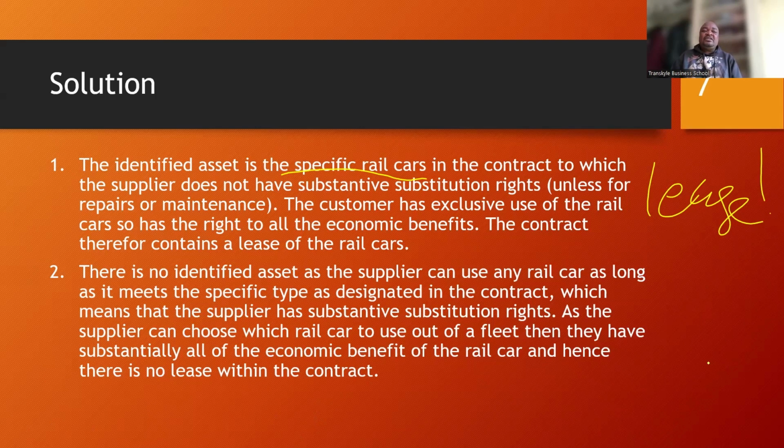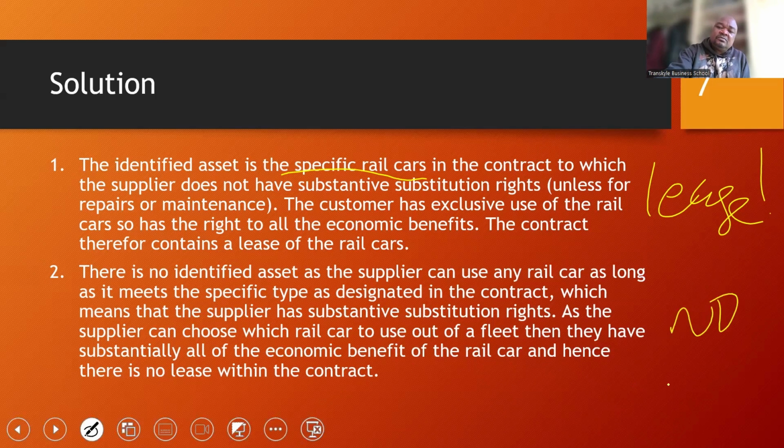They may use bullet train A today, and next year, they may use another bullet train, whichever they want. They've got the right to pick and choose which asset to be used. As the supplier can choose which rail car to use out of the fleet, they have substantially all the economic benefit of the rail car, and hence there's no lease within the contract. No lease. Is that clear? All right.